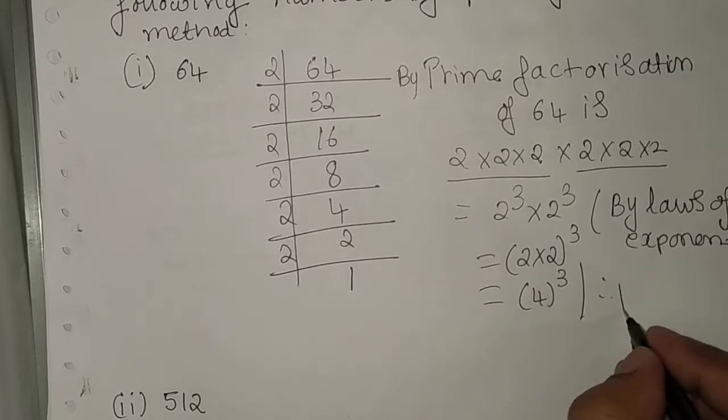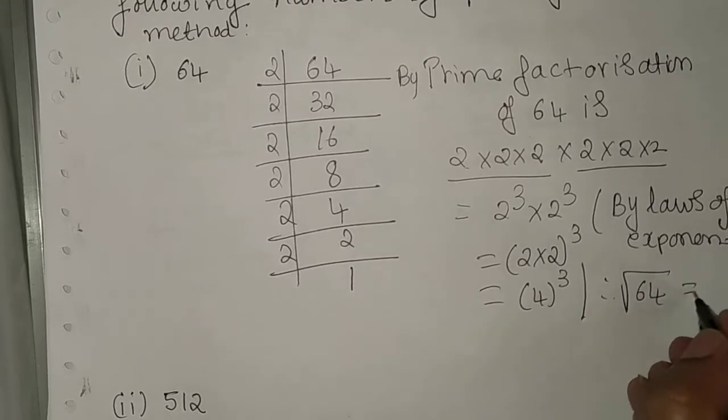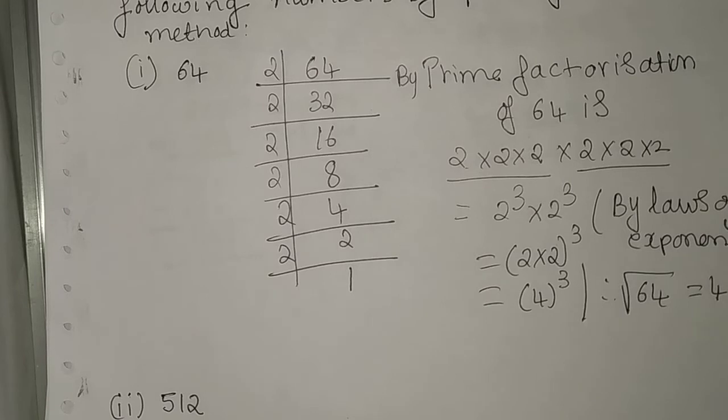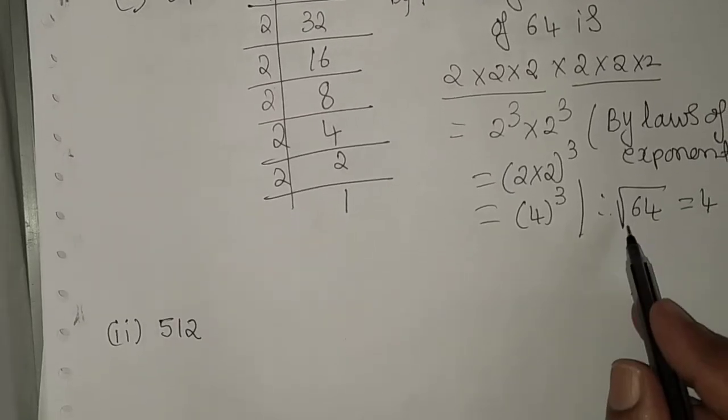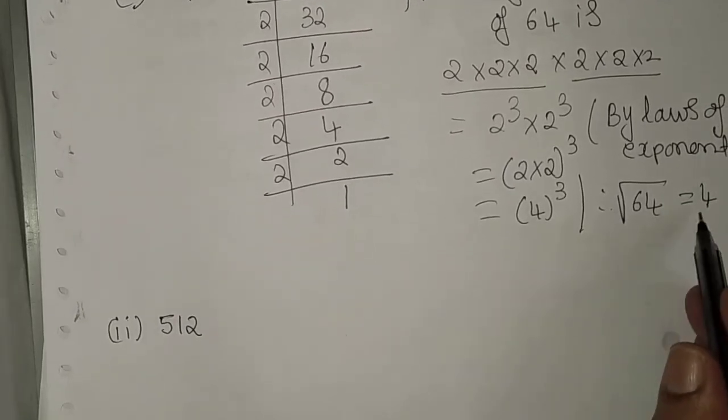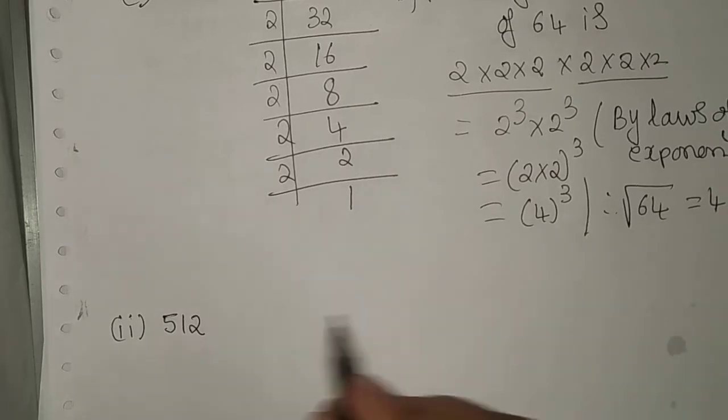Therefore we can write the cube root of 64 is equal to 4. So by prime factorization we found this: the cube root of 64 is 4.